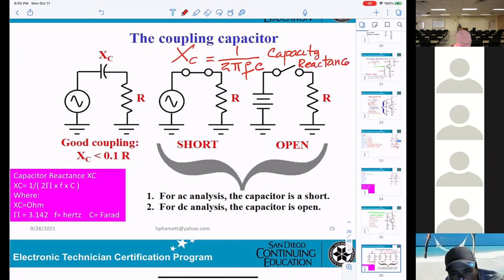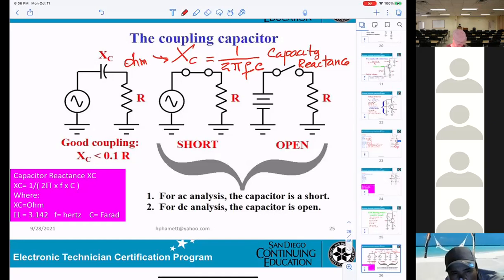In this formula, XC will be in ohms. That means they just write it like resistance. However, for the capacitor, that resistance is called capacitive reactance.